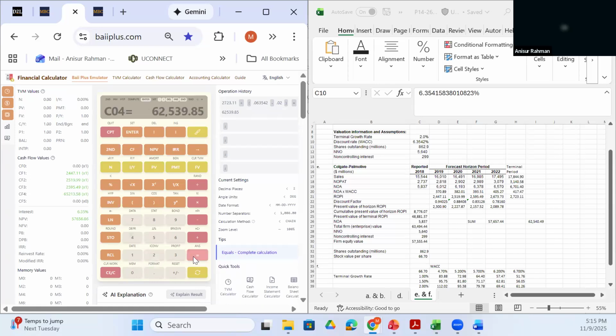So that is the present value of this ROPI at this point in time, from the terminal period. Now we also have to add this amount, which is 2673.73. So plus 2673.73. Enter, equal sign. So this is how much we get from 2022.